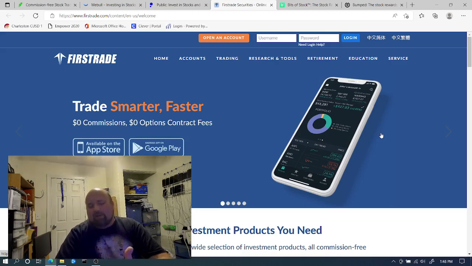Not exactly risk-free, by definition, but you really don't have to spend your own money to get started and risk the money that you had in your bank. You can just use the free stocks. I do want to remind people this isn't financial advice, simply because anytime you deal with stocks, there is risk.